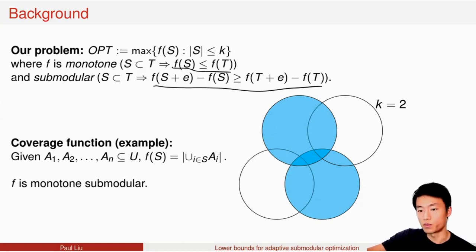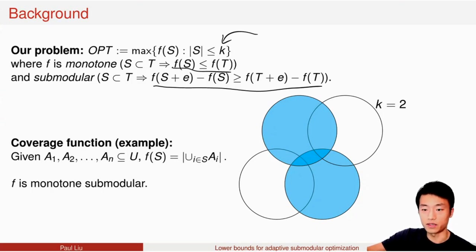In this talk, we'll mostly be concerned with maximizing submodular functions. I know Eric also has another talk about minimization, so I hope you'll go to that talk as well. In addition, we'll be constraining our maximization problem with a cardinality constraint, so we're only going to be optimizing over sets of size k or less.